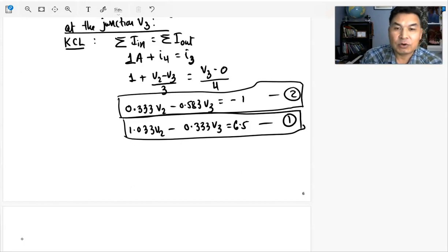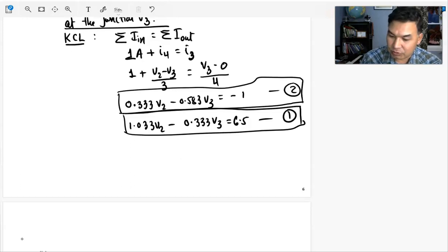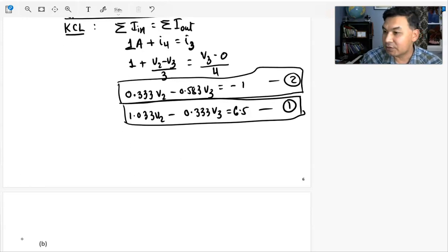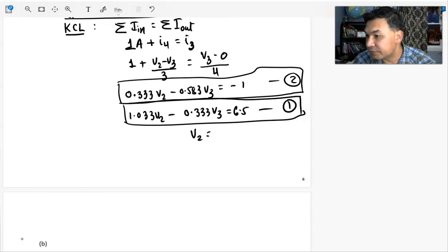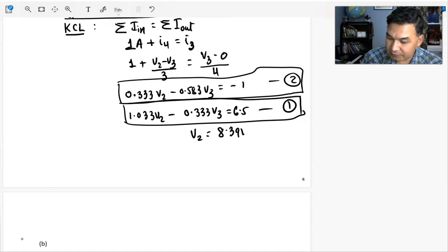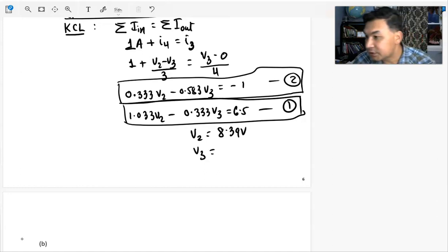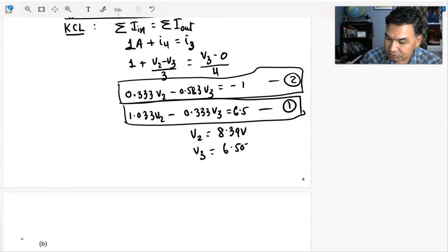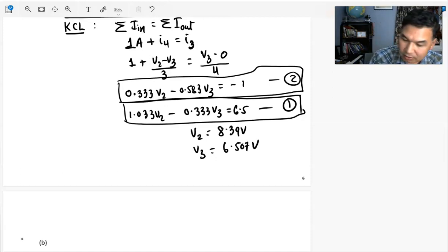If you have more than two variables, or too many unknown variables, then you can put it in matrix form and use either a calculator or Python programming to solve the unknowns. But if you have only two unknowns, you can easily solve this, right? So solving this will get you V2 as 8.39 volts and V3 as 6.507 volts, right?